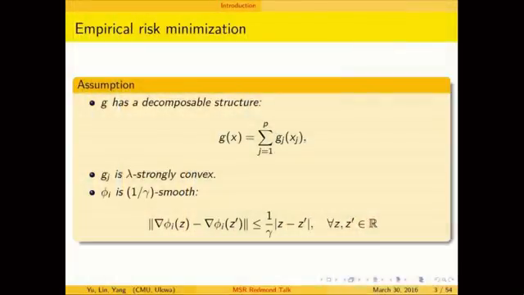We have the following assumptions on the problem. The first is that the regularization G has a decomposed structure, which is a summation over the different coordinates. We also assume that each Gj is lambda strongly convex, and that the loss function phi i is 1 over gamma smooth. This is all our assumption.